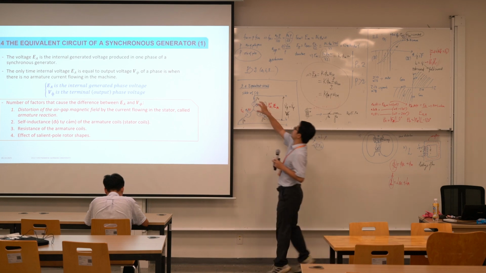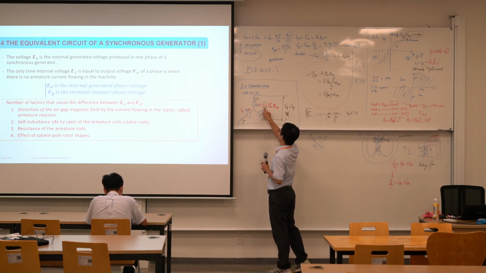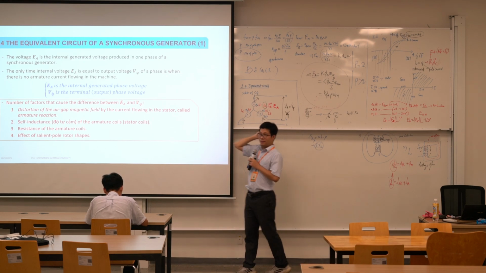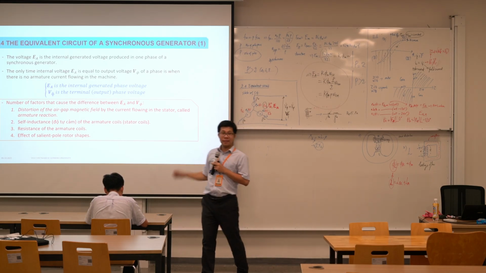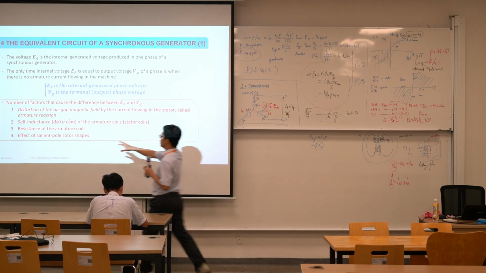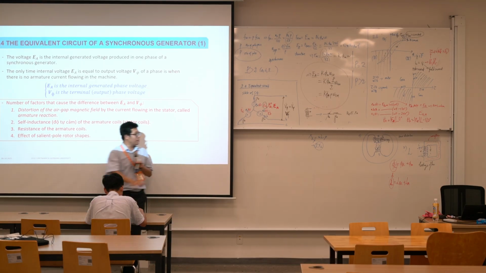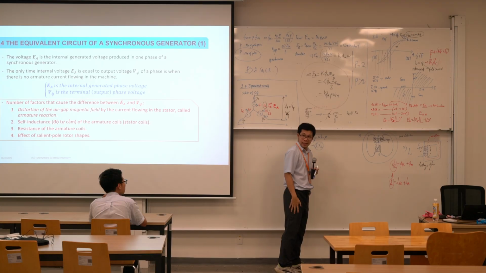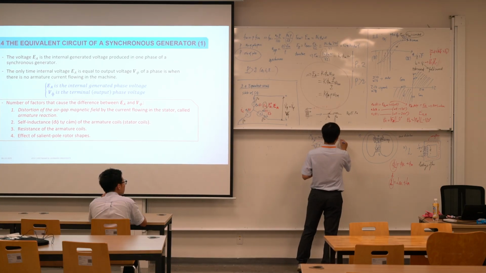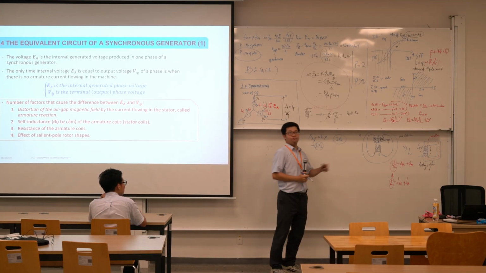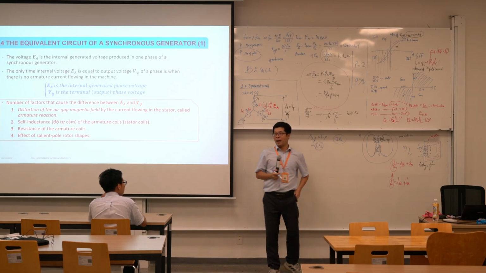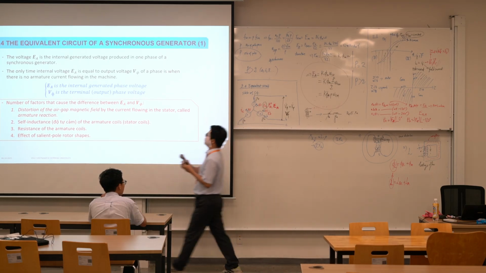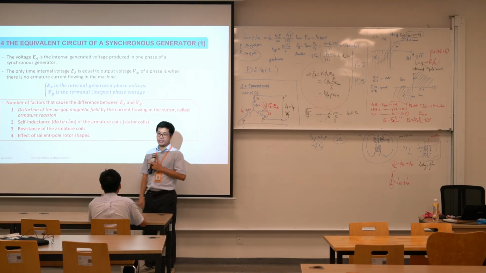If we have more voltage drop, more difference between EA and V phase. You understand? Resistance is the same. Here we are very lucky because we assume we ignore RA, but if we have RA, we have more voltage drop caused by RA, so we have more difference between EA and V phase. Okay?